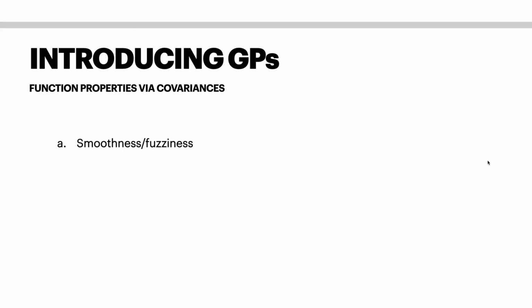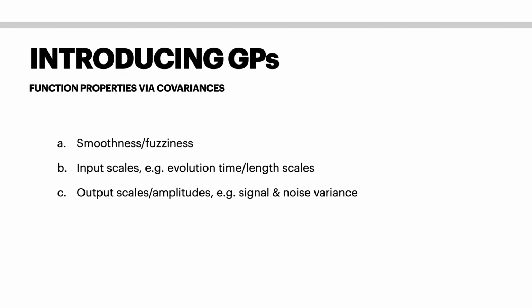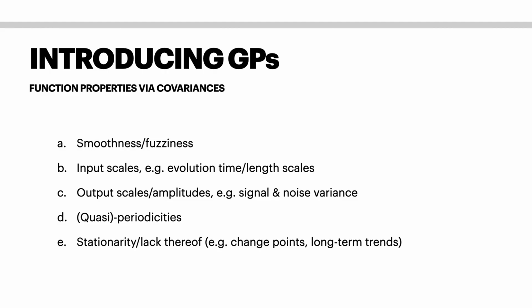Properties you can specify include how smooth or jagged functions are, input scales, i.e. how fast functions change over time, or space or any other input, output scales, i.e. the amplitude of functions, which may also include noise amplitudes, strict periodicities or quasi-periodicities, stationarity, which relates to things like long-term trends or sudden change points, isotropy, etc.